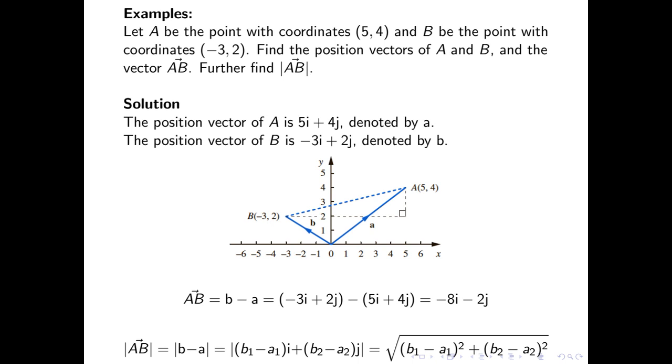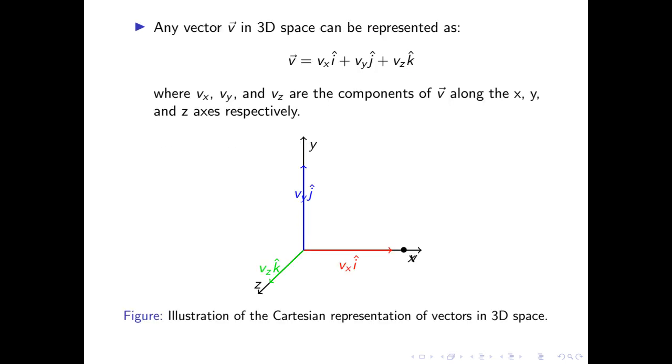The dimension is X and Y. So we have X and Y, right? And then you have it as 5X, or no, 5X is 5 actually. 5I plus 4J.